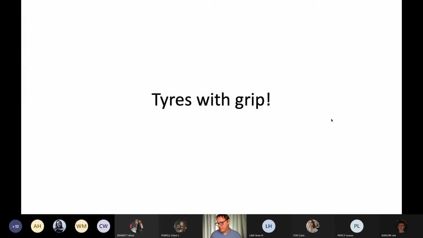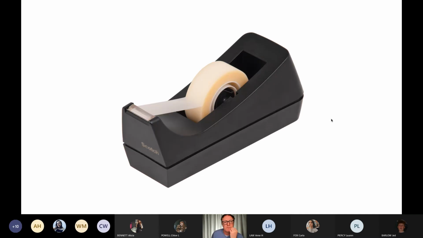It's got extra grip. So with your word salads or your word mashups, you go for sticky tires, but what else is sticky? Well, then you go through lots of images, and one of them would be sticky tape.